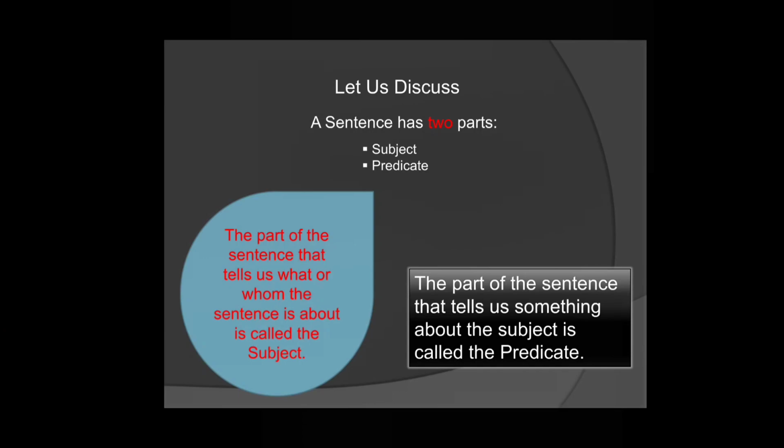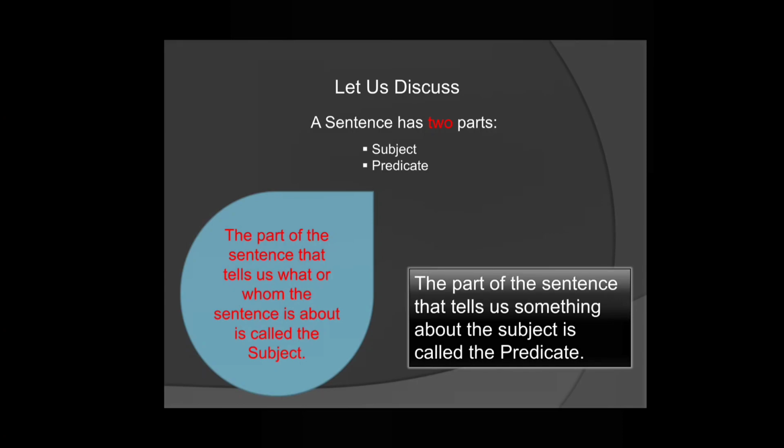It is very essential to understand the method by which you can identify a subject and a predicate in a sentence. You have to learn the method, the rule, how you can identify subject and predicate in a sentence. Now remember, a complete sentence will always have 2 parts, the subject and a predicate.